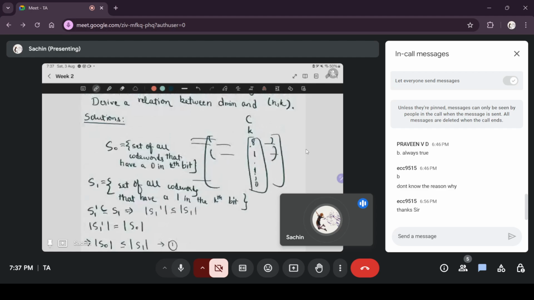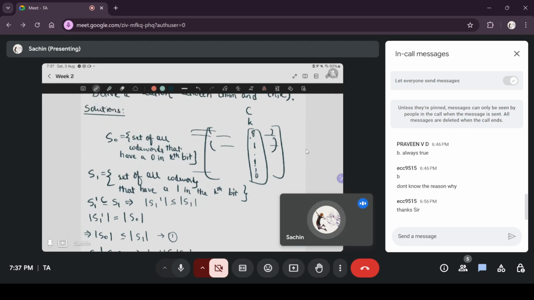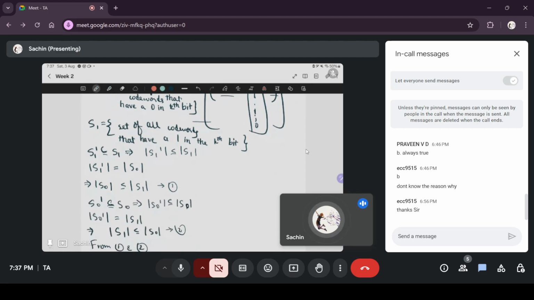That means in column k there are how many ones? Half of these rows have a 1. How many rows are there? There are 2 power k code words. Half of those have a 1 in column k. So there are 2 power k divided by 2.